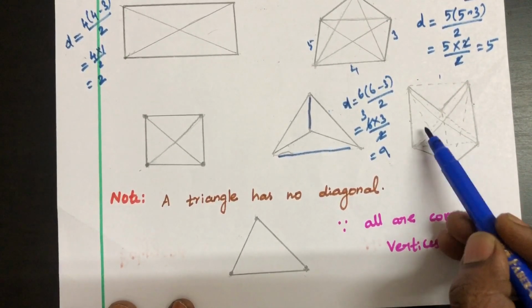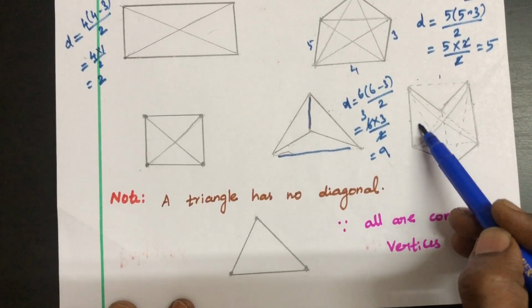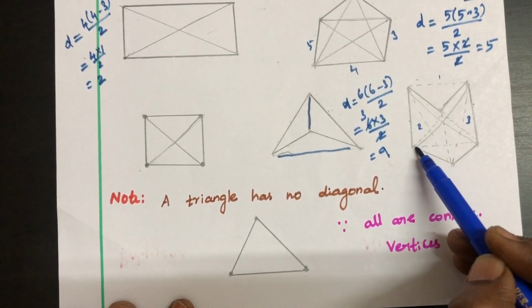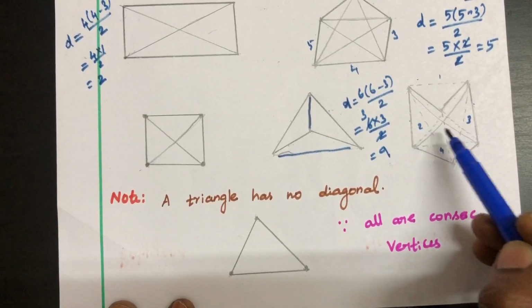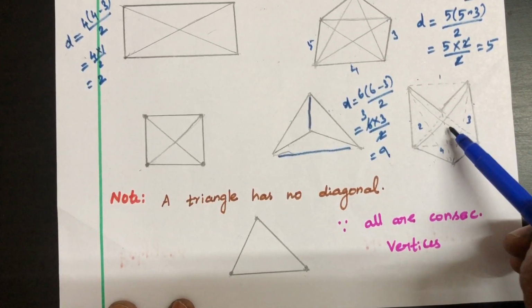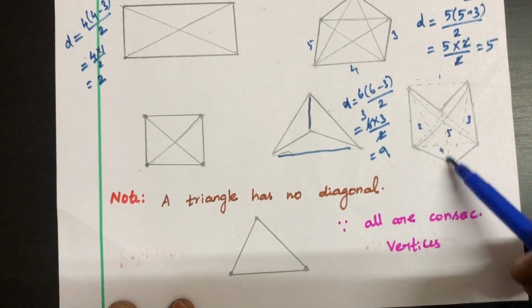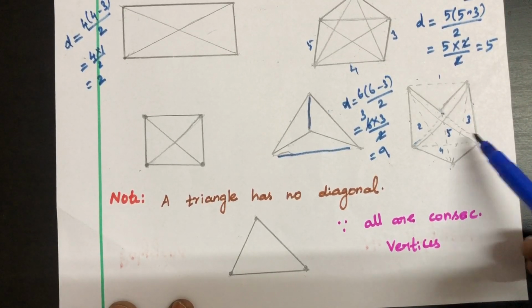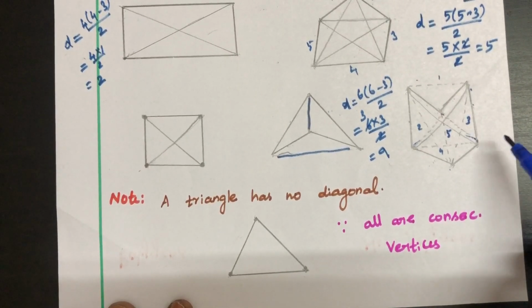This is another, 2. And this is 3. This is 4. Correct? Fourth diagonal. And this is fifth diagonal. Center one is fifth. This is sixth, seventh, 8th and 9th. So totally 9 diagonals came.